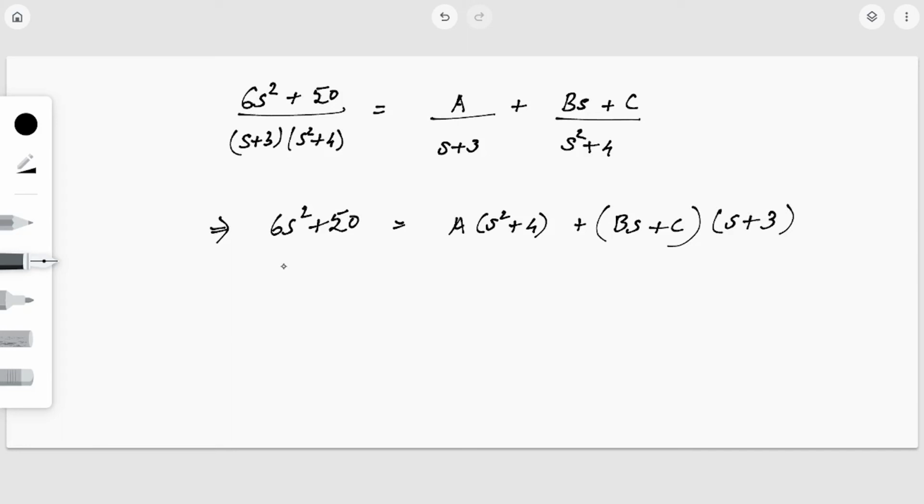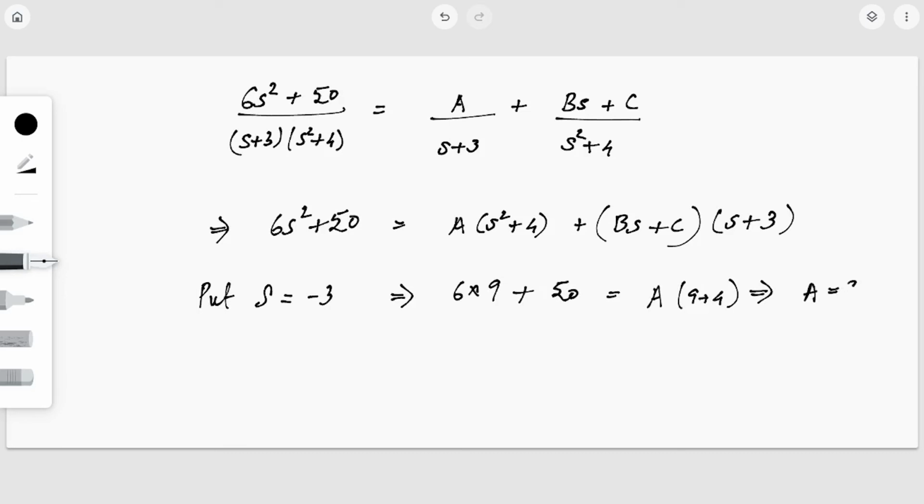So substituting suitable values of s, we can determine the values of A, B and C. Okay, so put s equal to minus 3, so this term becomes 0, and this implies we get 6 into 9 plus 50 will be equal to A into (9 + 4). So solving, I get A is equal to 8.